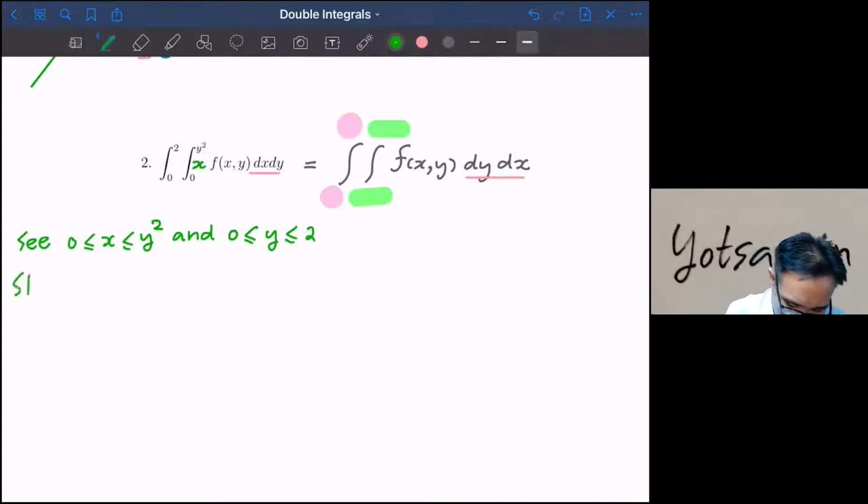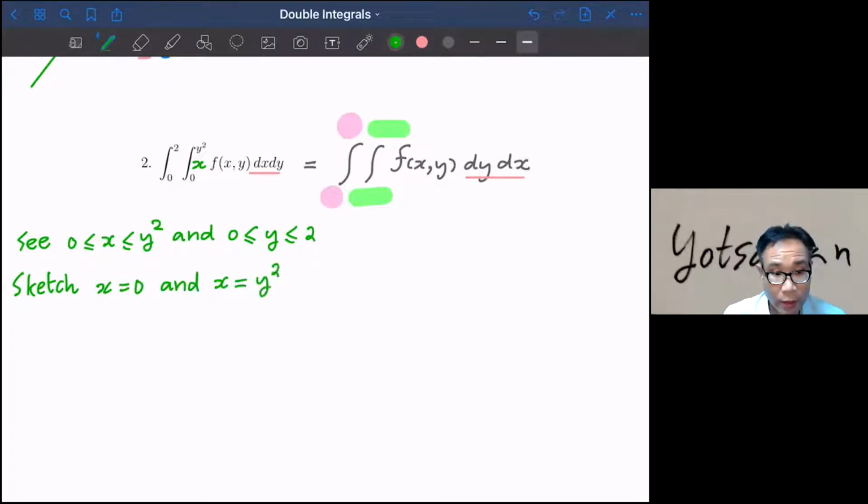So you're going to sketch x equals 0, and you're going to sketch x equals y squared. So it's going to be this guy and this guy.